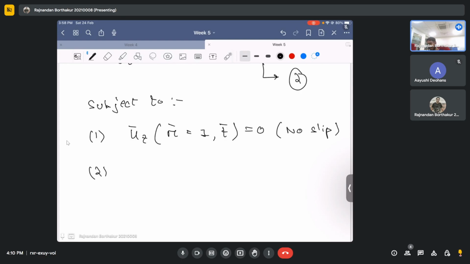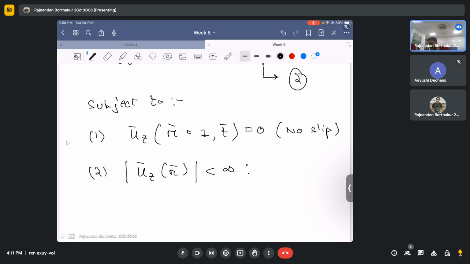Secondly, the boundedness criteria, that the derivative with respect to r is basically 0, or in other words, the boundedness criteria can also be written as uz bar at any r bar is always less than infinity, which is the same as saying that del uz by del r at r equal to 1 is equal to 0. But here we will use just the finiteness or the boundedness criteria, to keep things similar to the Stokes second problem, because I think in the Stokes second problem you did something like this in the far field scenario.